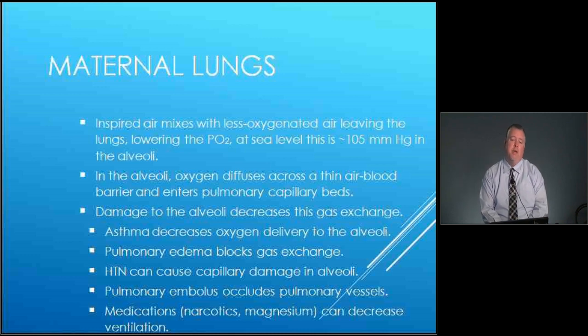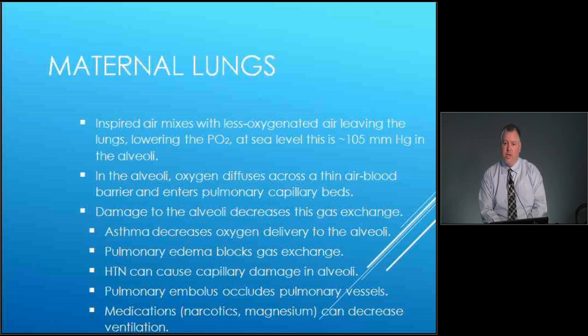So wherever that embolus is, it's going to block the blood from traveling to that part of the lung, and so it's not going to be able to pick up oxygen. Or if it's after the alveoli, it may not be able to then deliver that oxygenated blood to the heart.